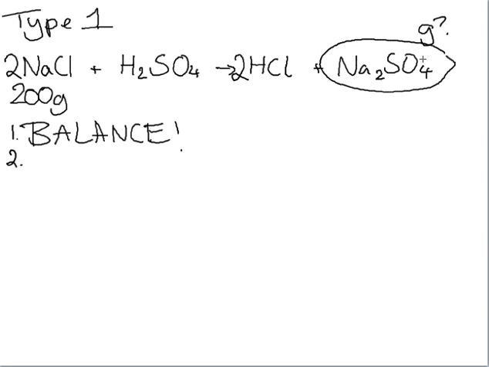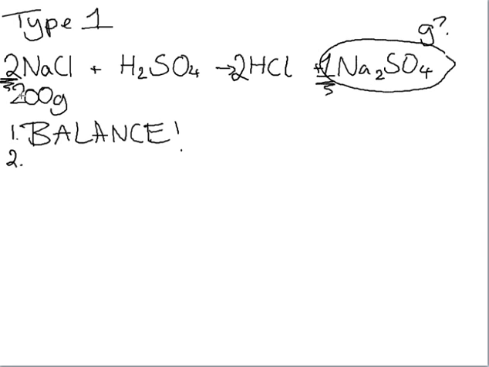The only connection we have between NaCl and Na2SO4 in this equation is moles. Because what it's saying here is that for every 2 moles of NaCl, you'd get 1 mole of Na2SO4. So that's our connection right there.